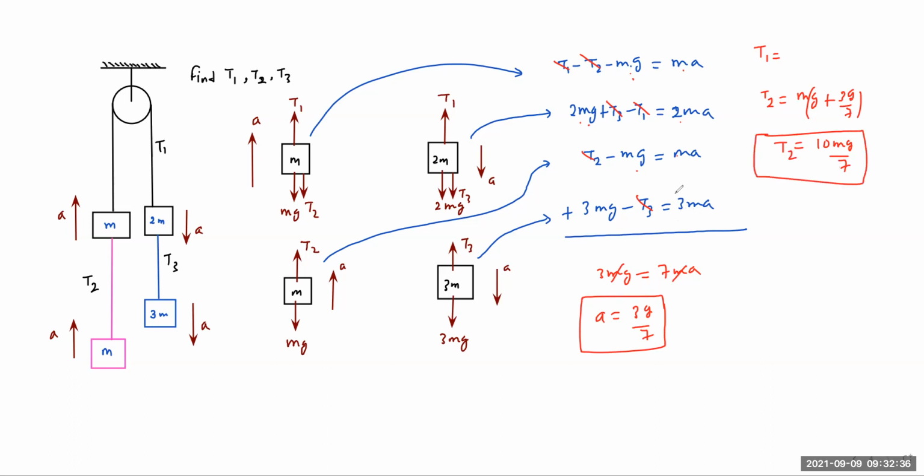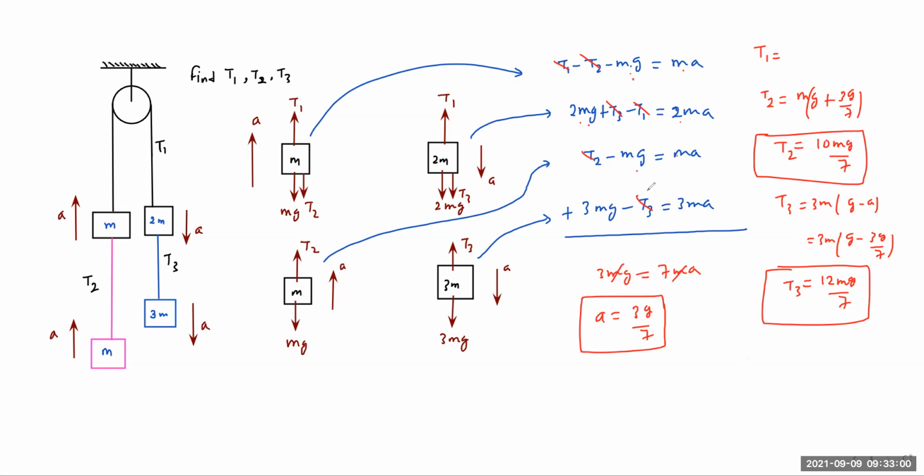Then we can get T3 also from the last equation, which is 3mg minus ma, 3mg minus 3mg by 7, which is 18mg by 7. So now this is T3. And now because we have the value of T2 and T3, we can find T1.